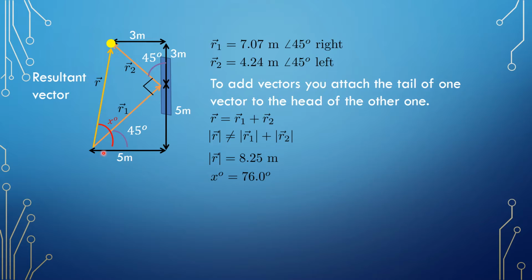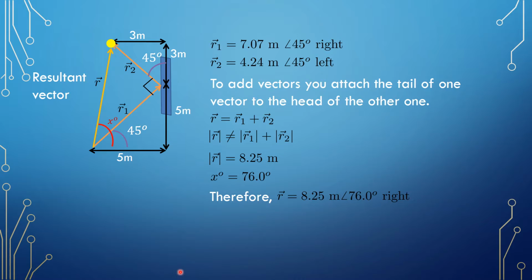How I did it was I found this angle here by taking the inverse tan of r2 divided by r1 and then added that to 45 degrees. It's just trigonometry. So therefore, r, the resultant vector, is 8.25 meters at an angle of 76 degrees to the x-axis, and is traveling to the right.